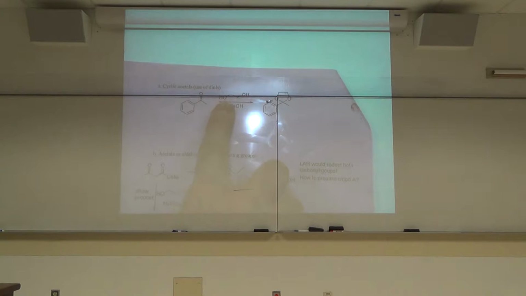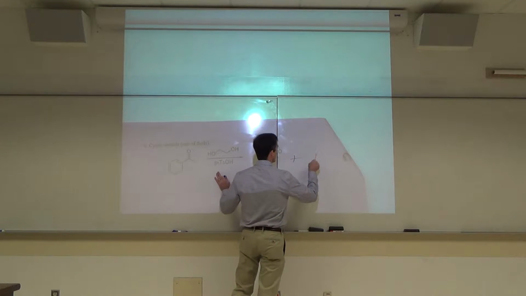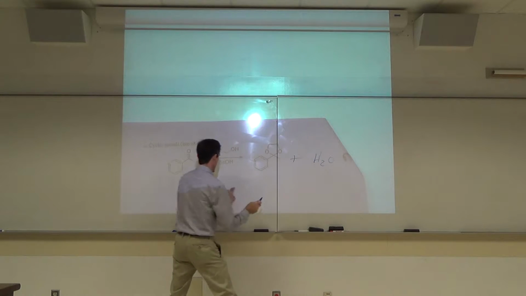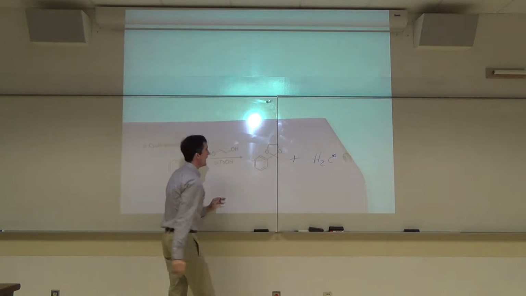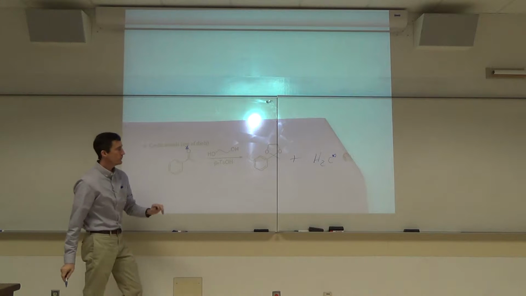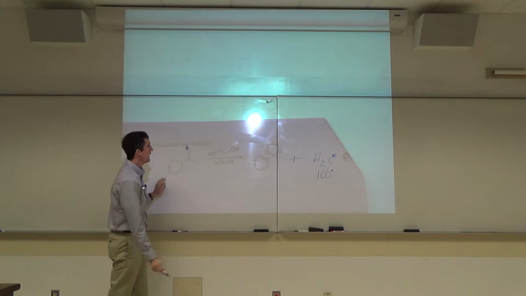But if you use a diol, acid catalyst, you get this plus what? Water, right? If you start that oxygen, which oxygen started over here? That one, right? Here, boiling point of water is what? No tricks, 100.